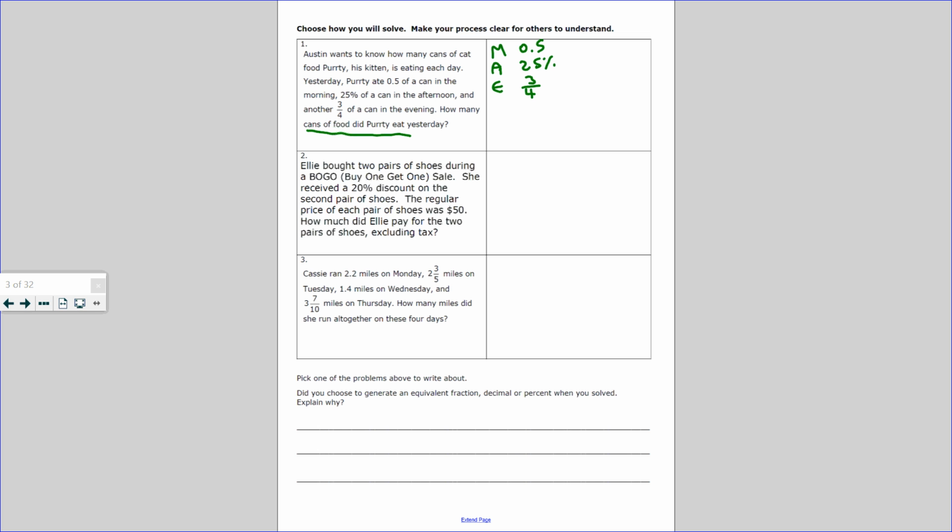Do you prefer fractions, decimal, or percent to solve this? I think I prefer decimals. So first of all, the morning's already done. How would you write 25% as a decimal? If you think of a 10 by 10 grid and you shaded 25% of it, that's 25 hundredths.